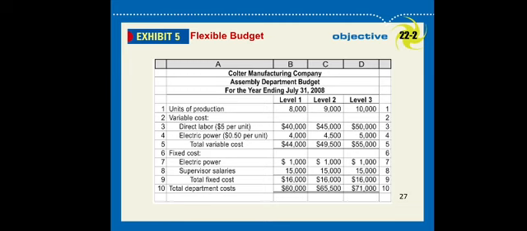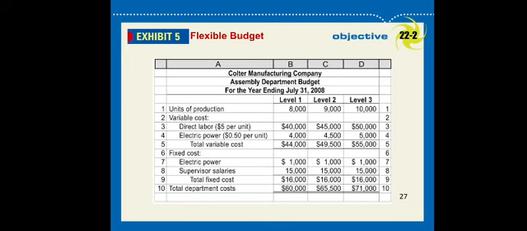You produce 8,000 unit or 9,000 unit or 10,000 unit, the fixed costs are the same. So you can compare. This is a budget for the same department. Before this you have seen the static budget. Now you see the flexible budget. So which one can be said to be better?